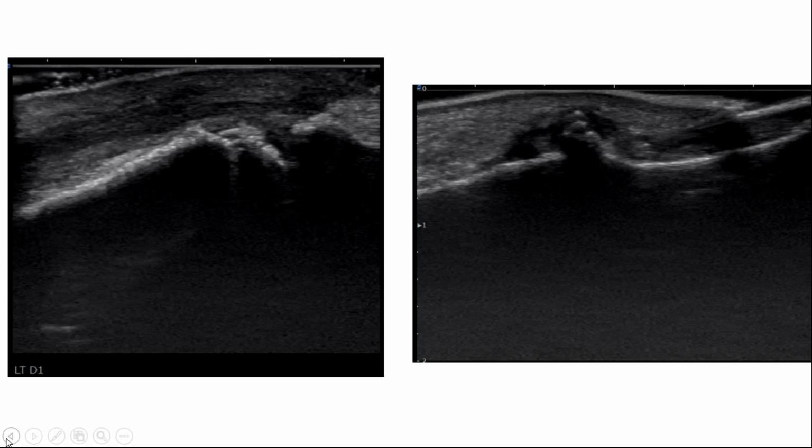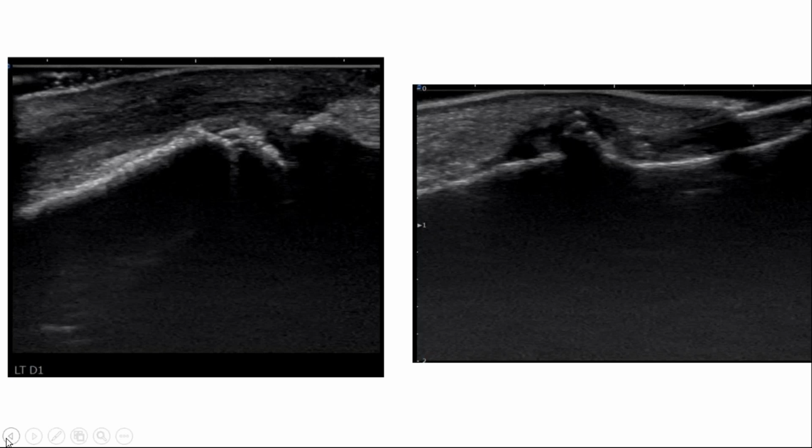Focal enlargement of the median nerve at the right wrist with hypoechoic signal, which is suggestive of entrapment. Also noted are cortical irregularities and erosions at the dorsal aspect or the volar aspect of the wrist joint, accompanied by hypoechoic signal around it, which is suggestive of synovitis.